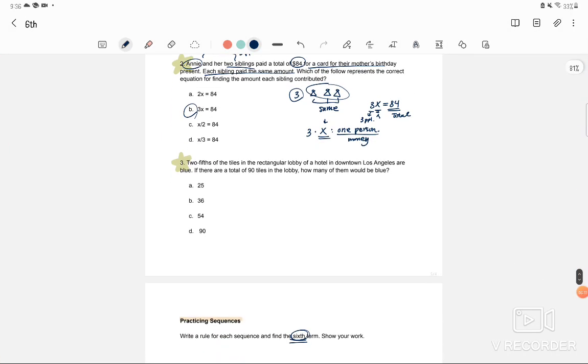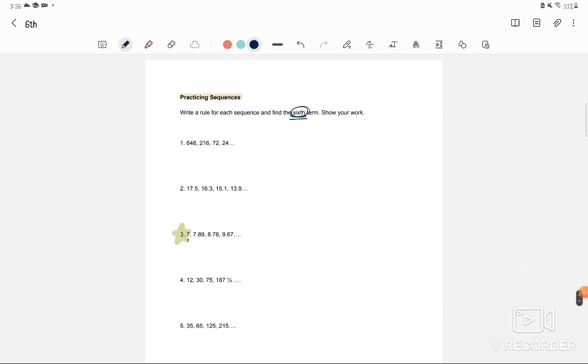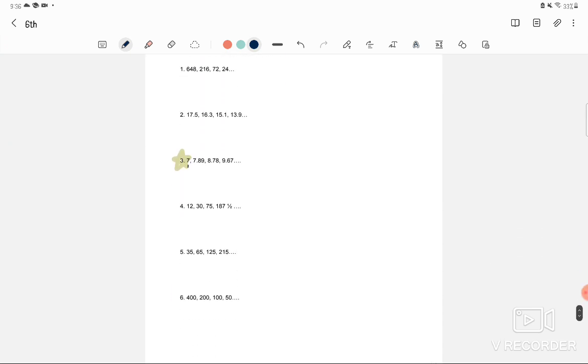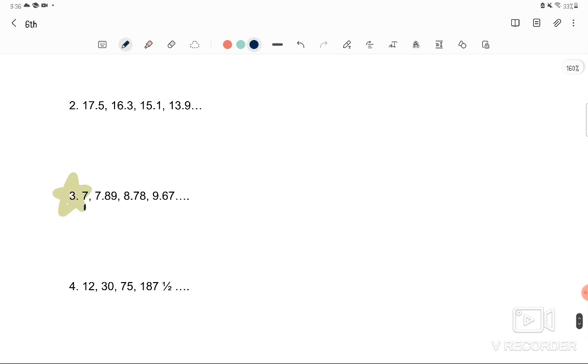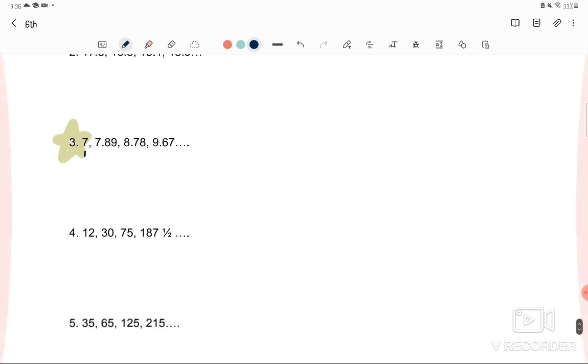Okay, so let's do practicing sequences. Let's do number 3. It is easier to find the sequence if you know the difference between the number in front and the number next to it.